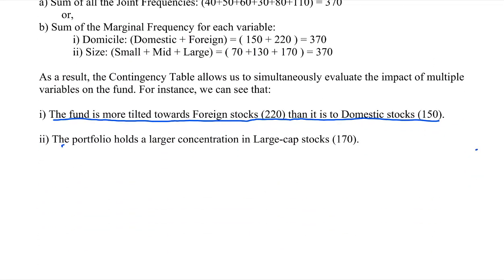The portfolio holds a larger concentration in large cap. So what type of client would this mutual fund be more ideally suited towards? It would be a client who's seeking foreign exposure, and within the foreign exposure, they're more interested in large cap stocks.